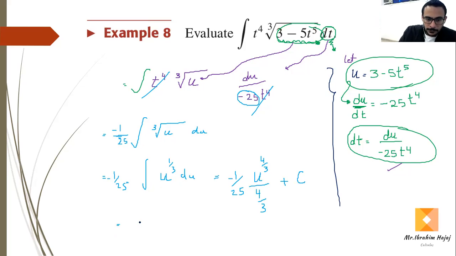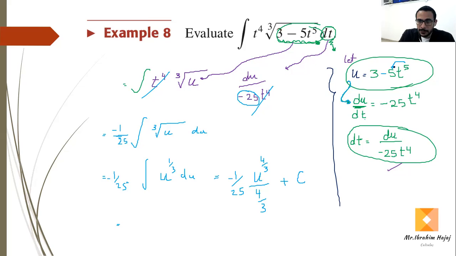Okay, Mister. From where did negative 25 come? How did we get negative 25? When we let u equal 3 minus 5t to the power of 5, then you take the derivative of u: du over dt equals negative 25t to the power of 4.